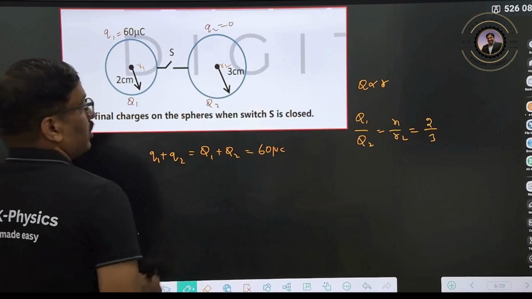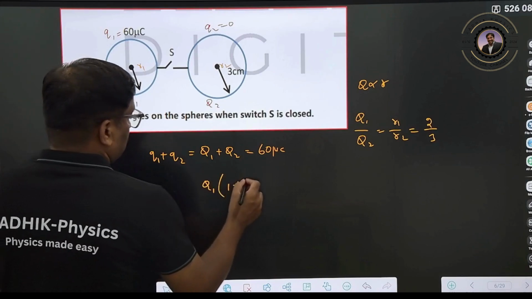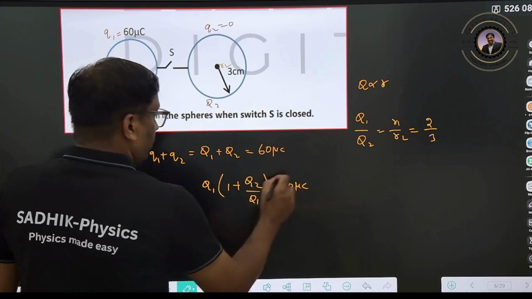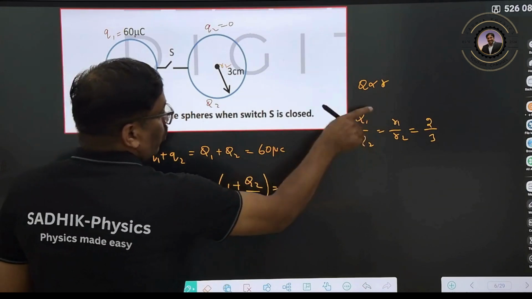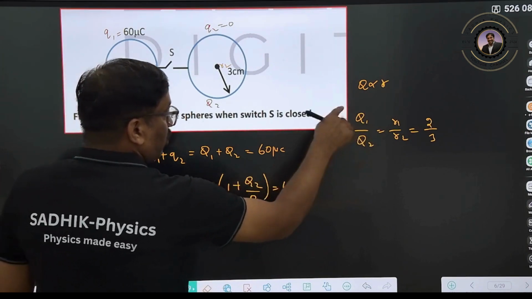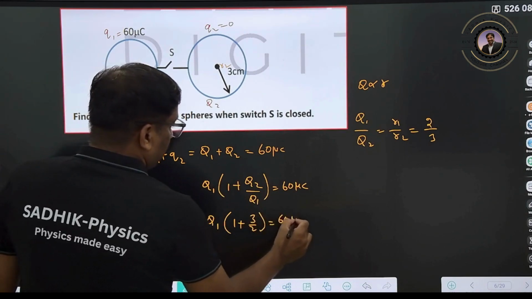But Q1 plus Q2 is equal to 60 microcoulomb. Therefore, I can write Q1 taken common, Q1 into 1 plus Q2 by Q1 is equal to 60 microcoulomb, clear? Because I took it common. Here Q2 by Q1 is nothing but 3 by 2, so Q1 into 1 plus 3 by 2 is equal to 60 microcoulomb.